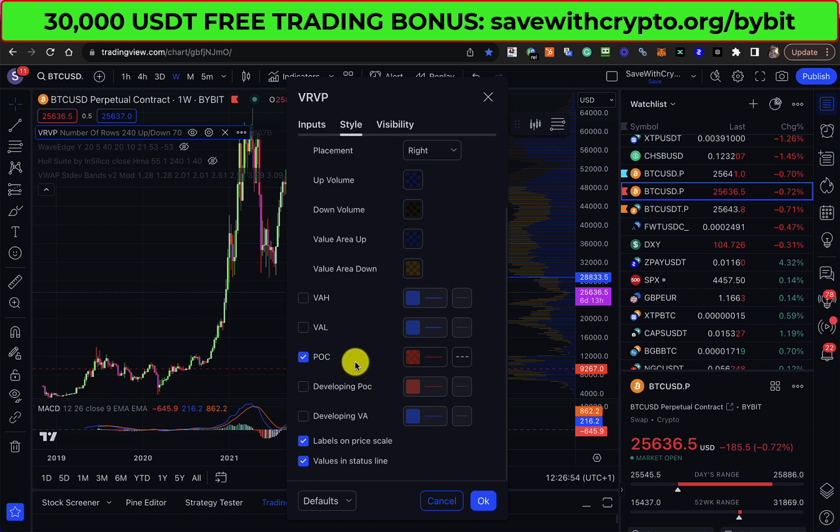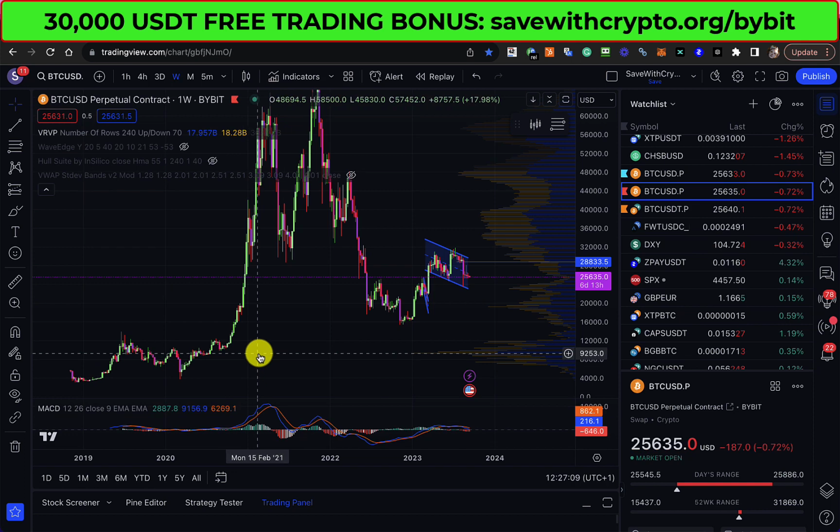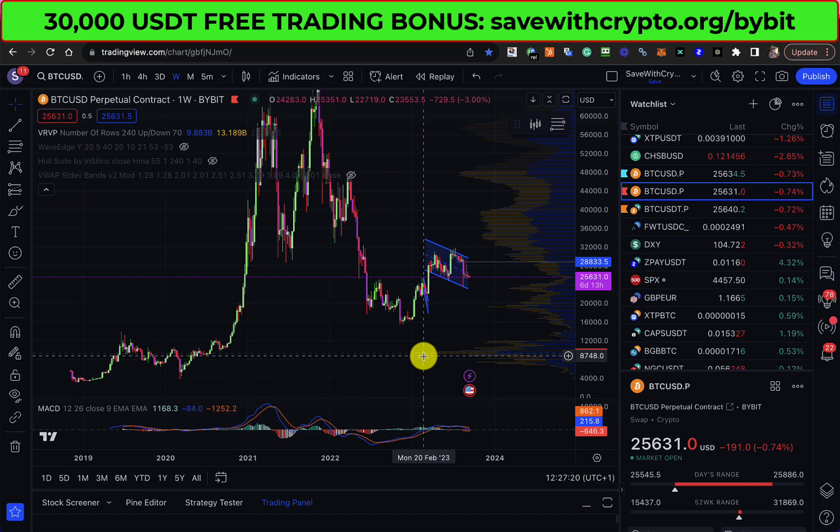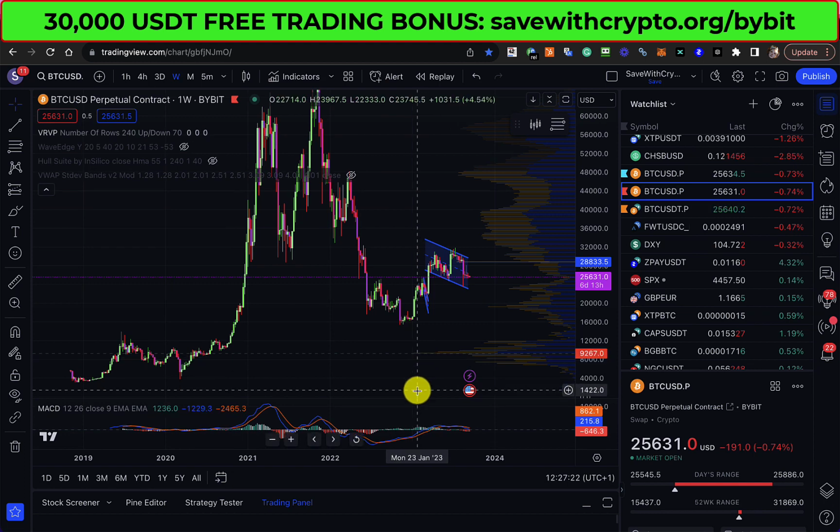The point of control, I just made it into a dotted thin line. And you can see that this is this red dotted line there, because normally it shows you it as a big thick red line, and I keep getting confused thinking that's some line of support that I've drawn. So I just make it into a dotty red line like that, and I think I make that slightly more opaque as well, just so it's not in your face too badly.